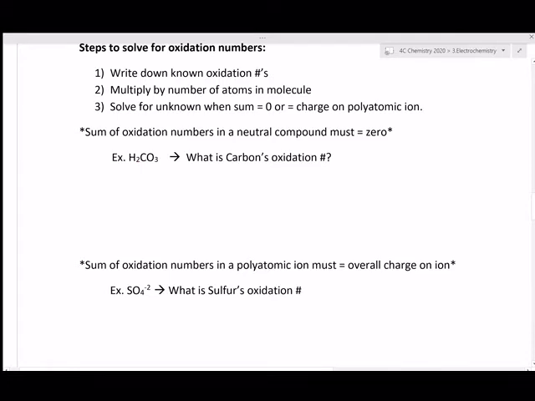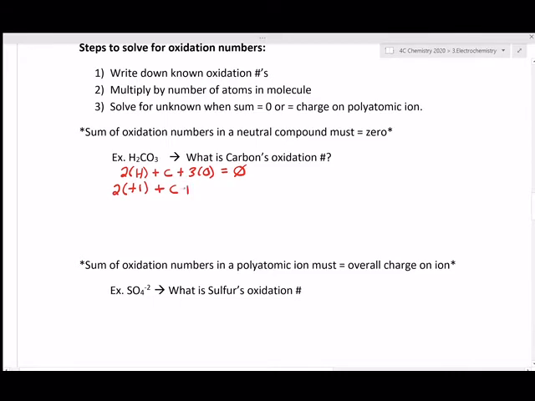So to do that, we're going to start off by writing down that we've got 2 hydrogens plus a carbon plus 3 oxygens, and that has to add up to 0. So then we can put in the actual charges that we know. Hydrogen is always +1.